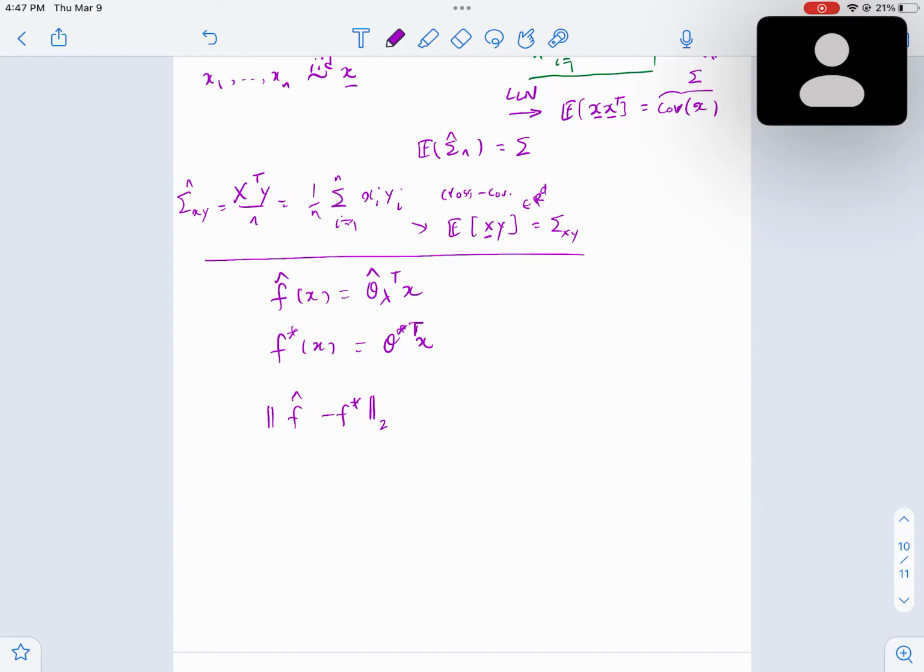This is really in one-to-one correspondence with the actual risk, which we may get into. But I'm going to measure it in a particular measure which is easy, the empirical norm, which is just how much they differ on the training data. That's what I want to compute next time.